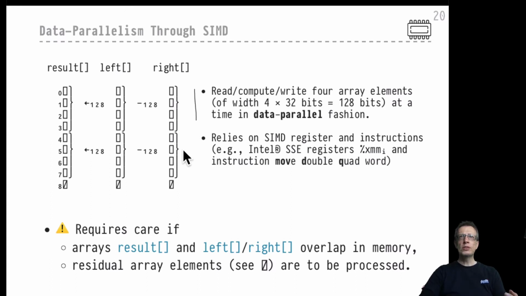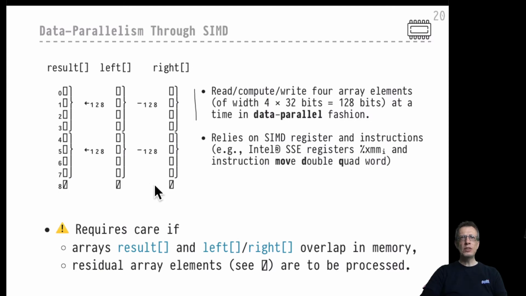Of course, this requires care. If the number of elements which we operate on is not divisible by 4 in this particular case, then there would be residual elements that still need to be processed. This is reminiscent of the loop unrolling situation and Duff's device that we've talked about in the video before this.